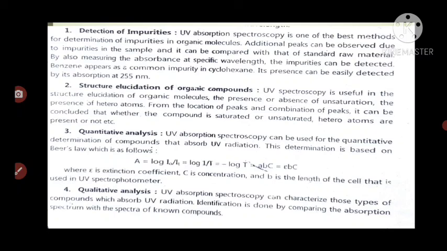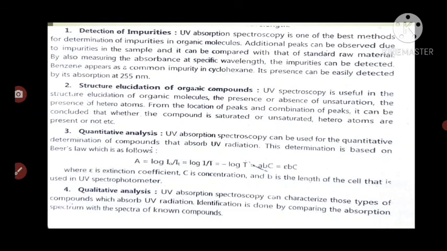For example, benzene appears as a common impurity of cyclohexane, and it can be easily detected by its absorption at 255 nanometers. So this instrument plays a very important role in the detection of impurities.